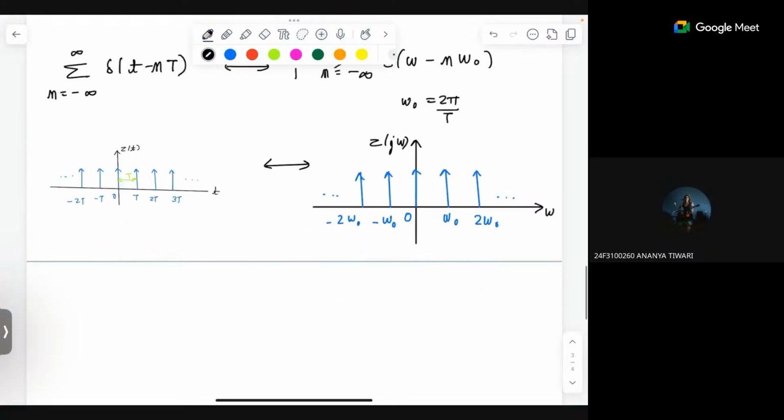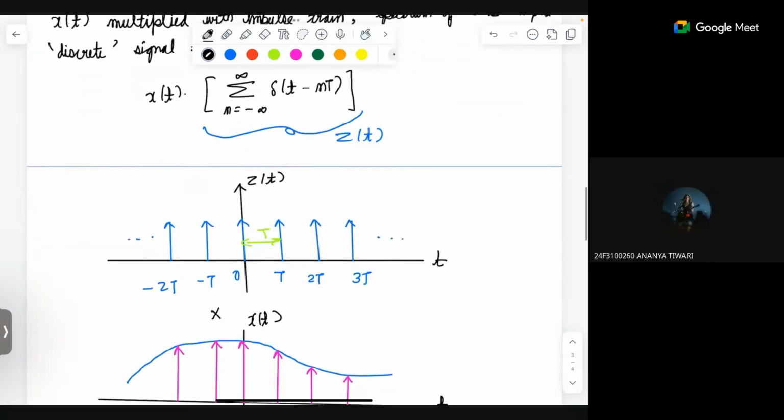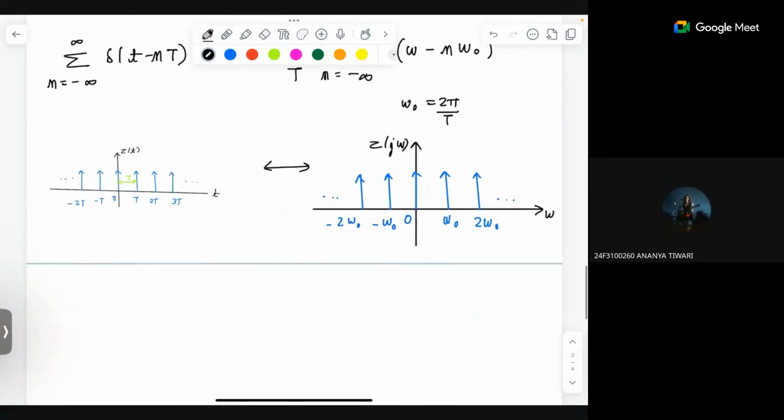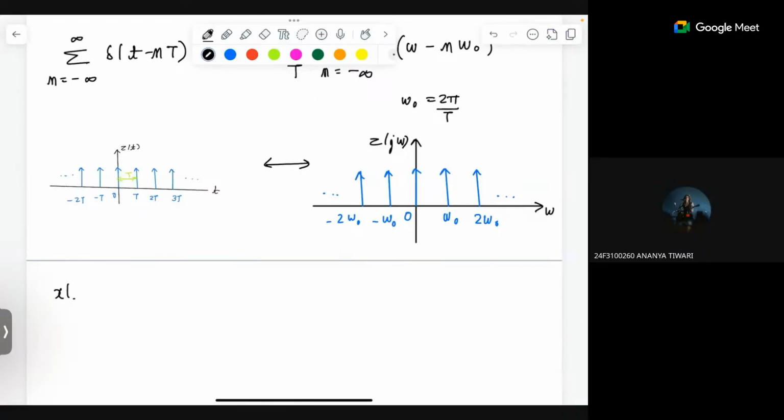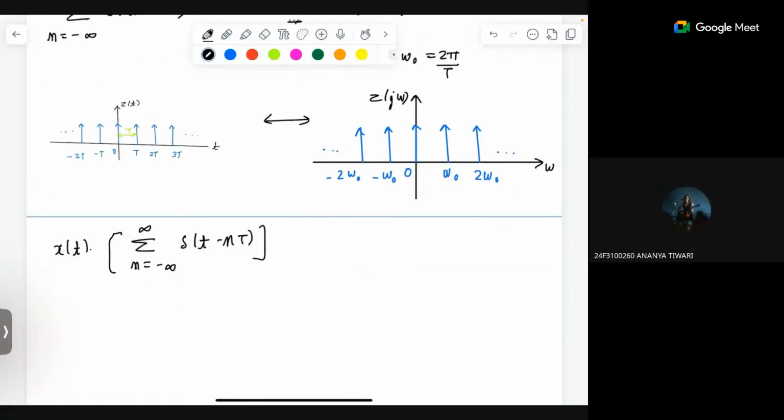Now, since we want to find the spectrum of this discrete time signal, what we had was x of t multiplied with zt, the impulse train, which was this. Now, multiplication in time corresponds to convolution in frequency, but there is the scale factor of 1 upon 2 pi.